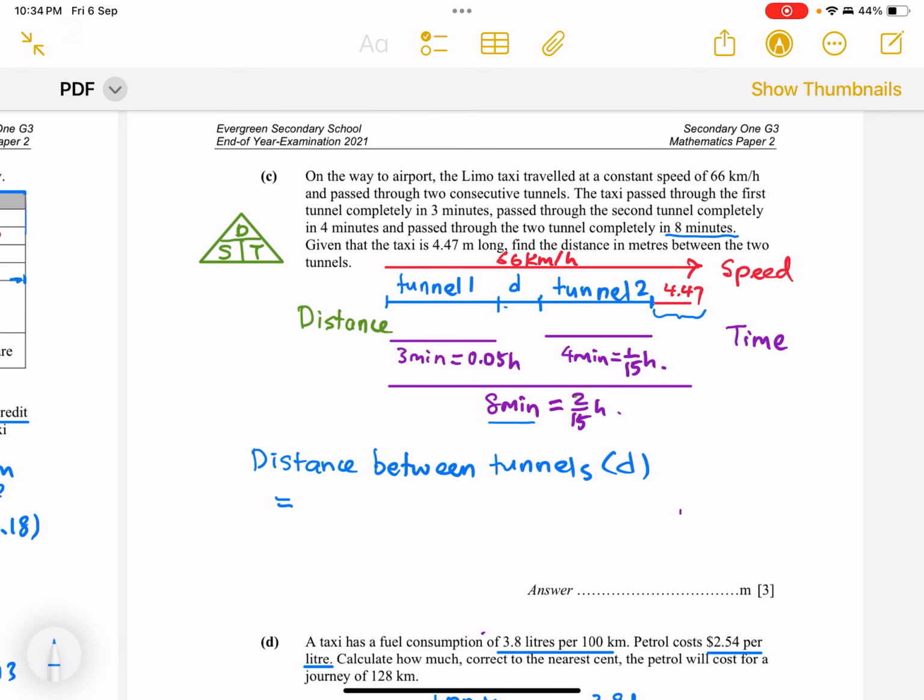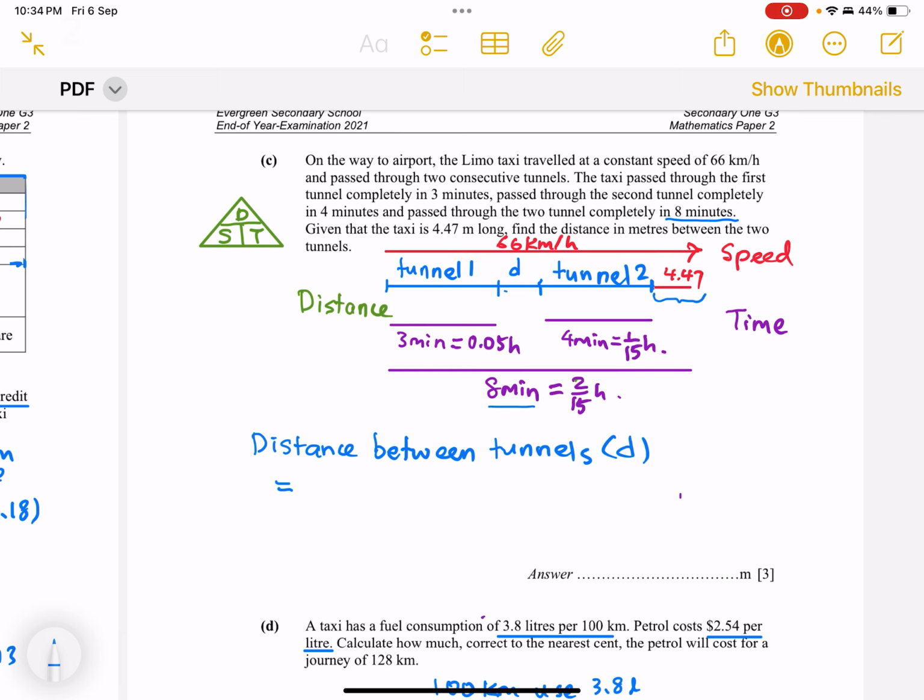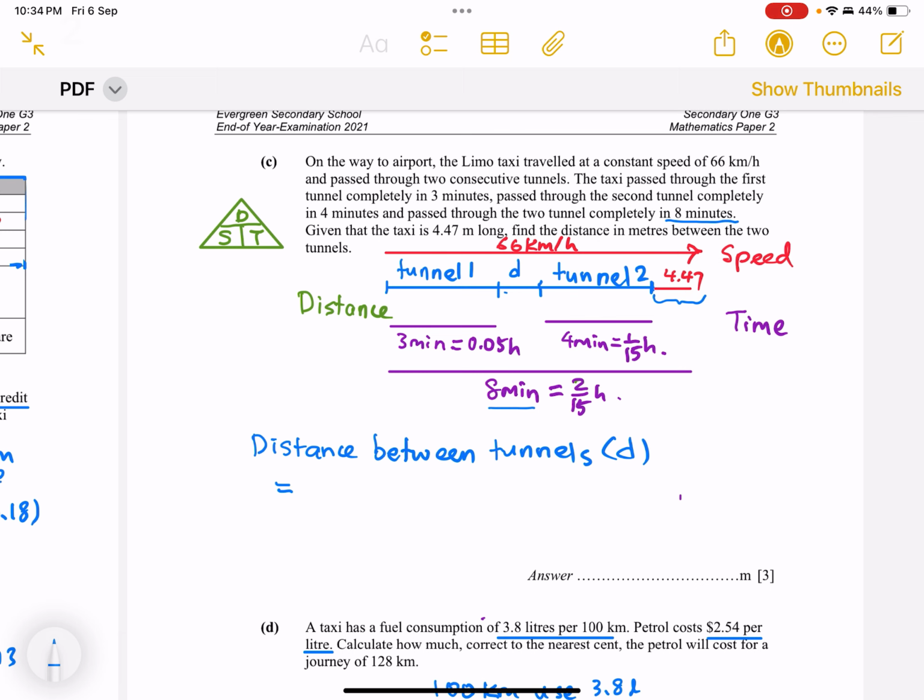So this type of sum depends on this diagram here. The formula: speed equals distance over time. Now we are trying to find the distance between the tunnels, and to do that we must calculate the total distance using the time, using this formula.